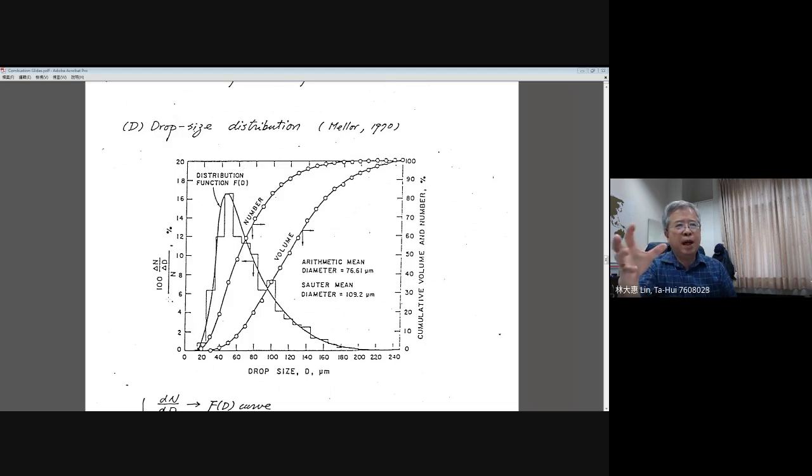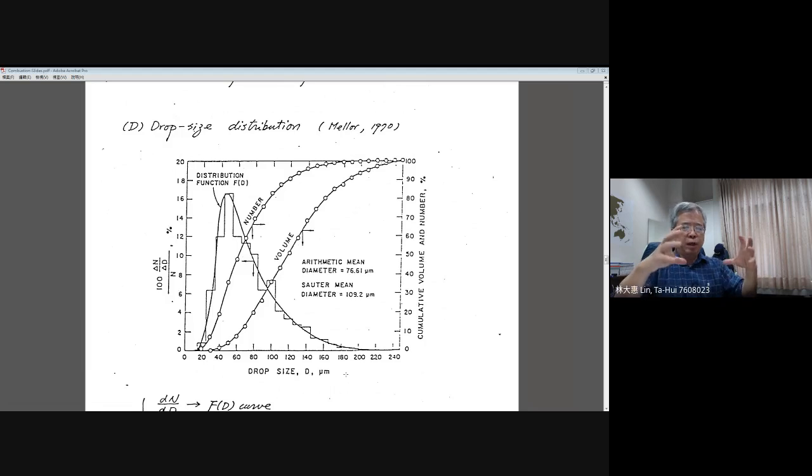It is impossible. Actually, the droplet size distribution is basically controlled by a normal distribution. You can do many different kinds of measurements, and you always have this kind of plot. Shown here, how to read this plot: the horizontal axis represents the droplet size you may have.